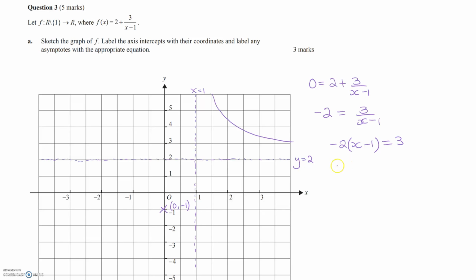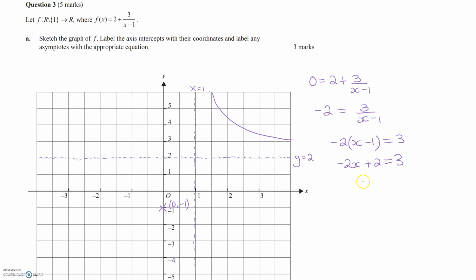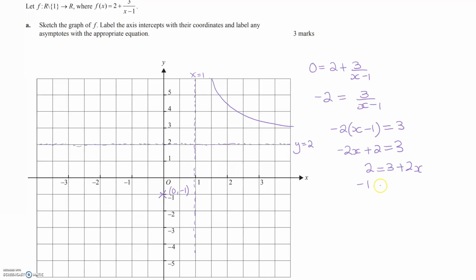And I'm going to get -2x plus 2 is equal to 3. I'm going to move the x over to the other side. So I get 2 is equal to 3 plus 2x. -1 is equal to 2x. And -1/2 is equal to x.